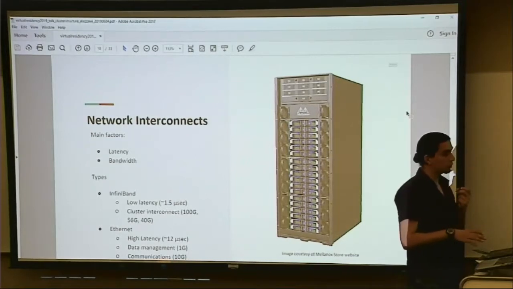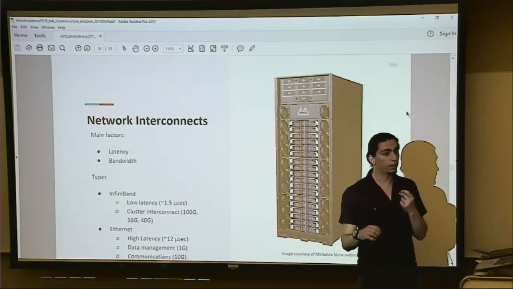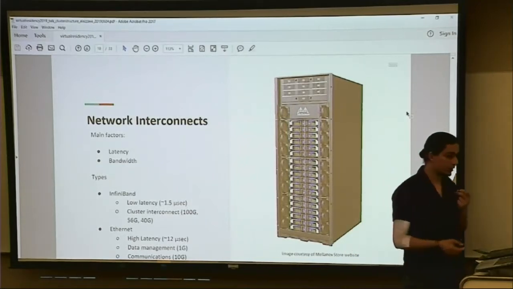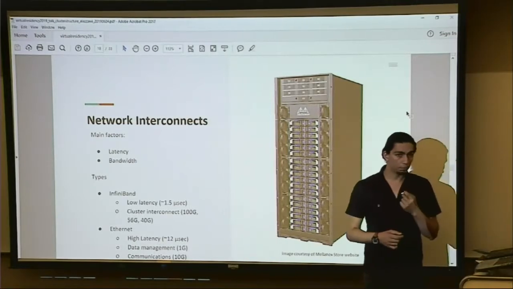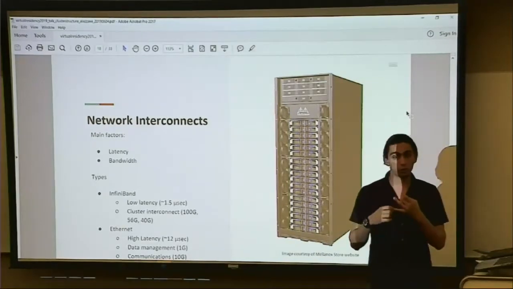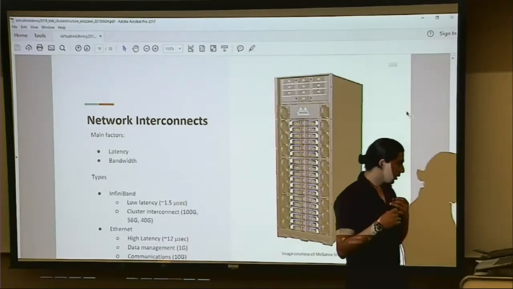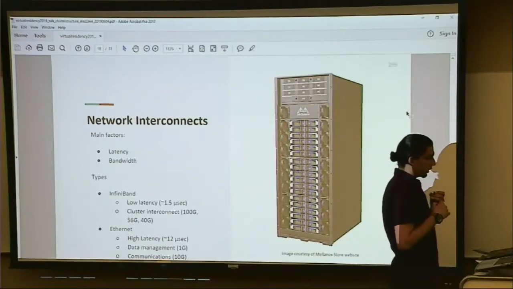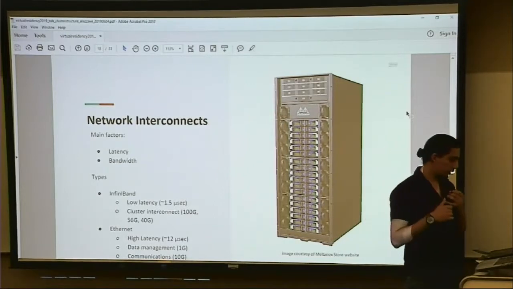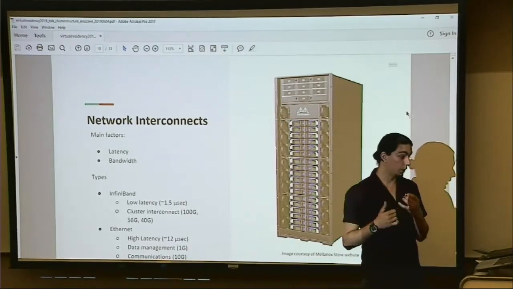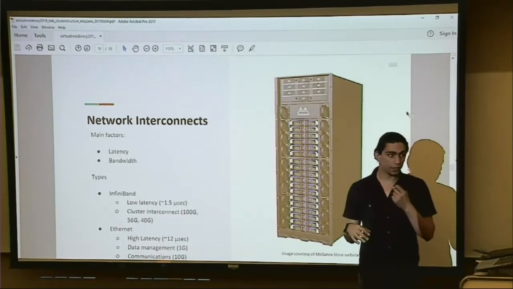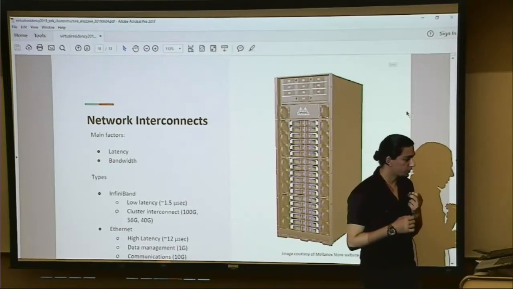For supercomputers, what really makes them unique compared to, let's say, industrial machines is the InfiniBand network. In supercomputers, we care about latency and bandwidth, but most of the time we care about latency more. Comparing the technologies, InfiniBand can give us 1.5 microseconds versus Ethernet, which can go up to 12, maybe more, depending. As for bandwidth, the technologies are catching up and are doing almost the same speed.